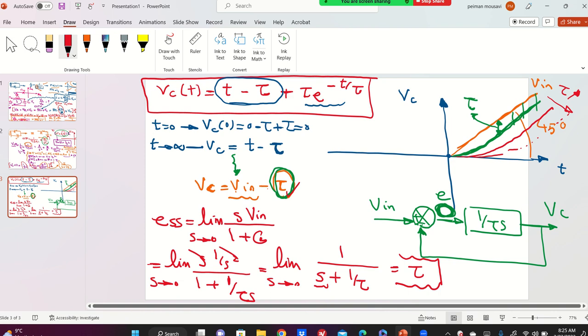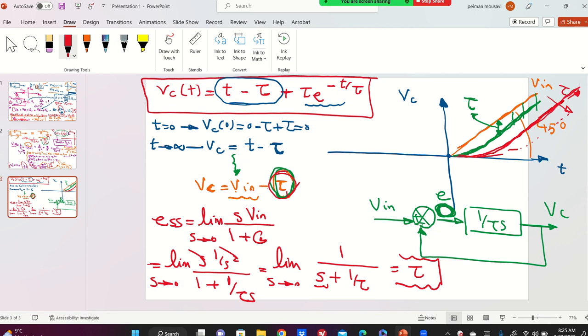No, it's a straight line. Here is kind of a curve, but after here it cannot be parabolic. Parabolic would mean that tau is increasing. I'm saying tau is constant, so it must be a straight line that keeps your tau constant. Understand, everyone?